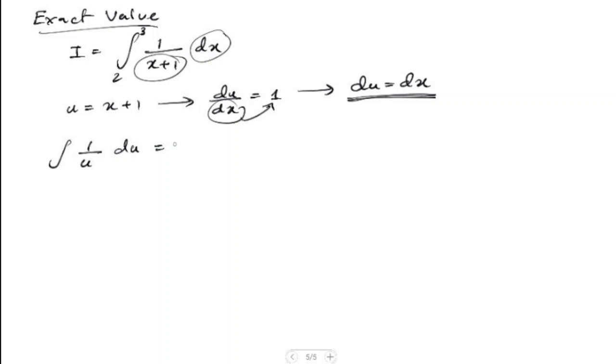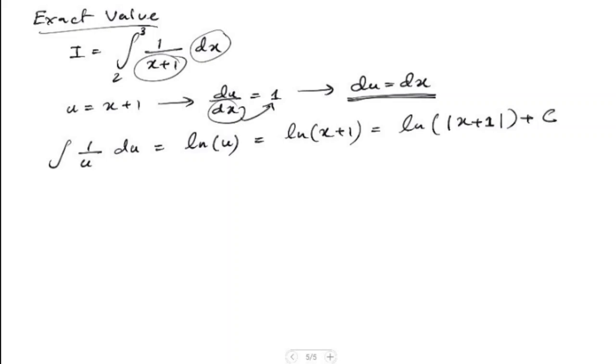So this is equal to ln u, and replacing u with x plus 1 again, you will have ln of x plus 1. Finally you can write this as ln of the absolute value of x plus 1, plus some constant c.